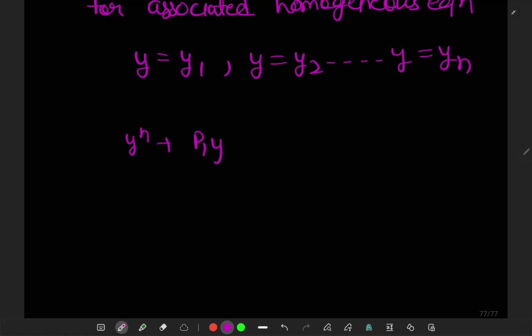The general solution of the homogeneous equation and its complementary function is written like that.